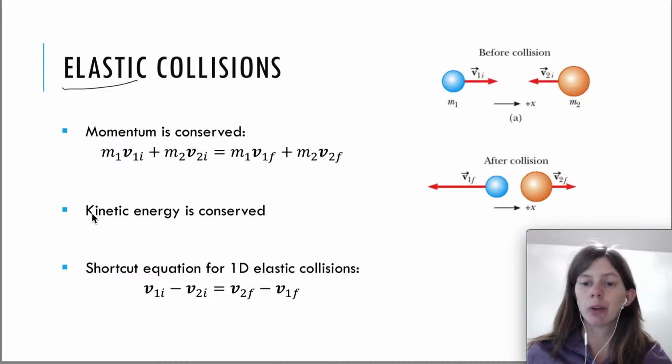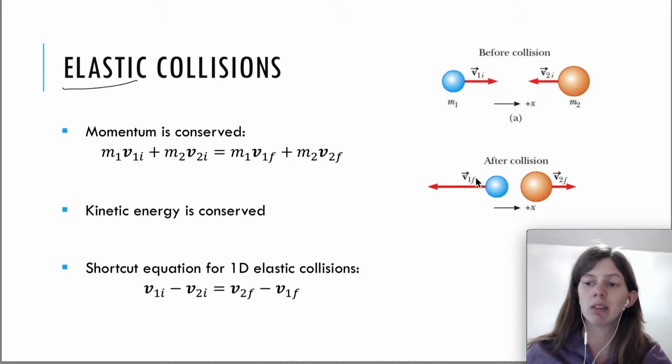But the idea that kinetic energy is conserved is actually an ideal situation, because if two objects physically collide and touch each other, then some energy is transferred to another form like heat and sound. So your kinetic energy is not conserved, it's transferred to a different form.